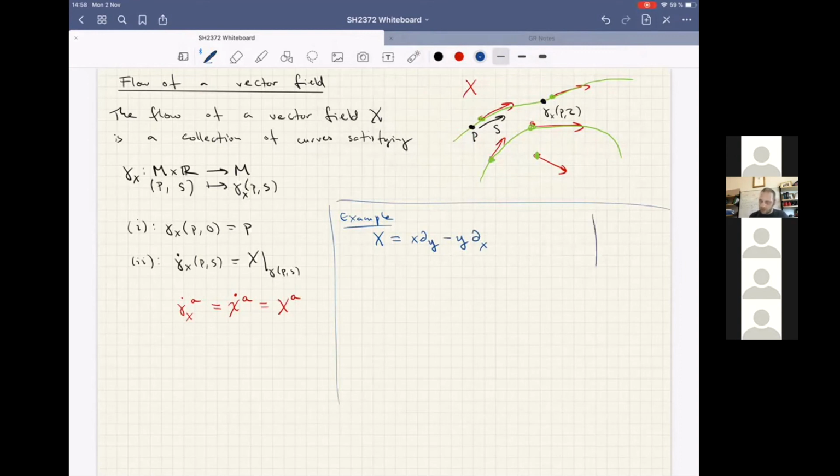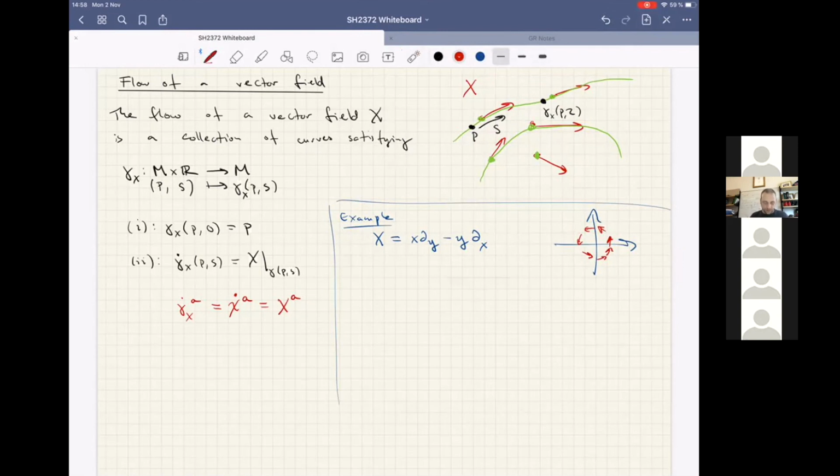Now, if we draw Euclidean space here, this is essentially a vector field going around like this. So we would expect that the flow lines of this, if we follow this around, should be circles. But let's see how that comes about.